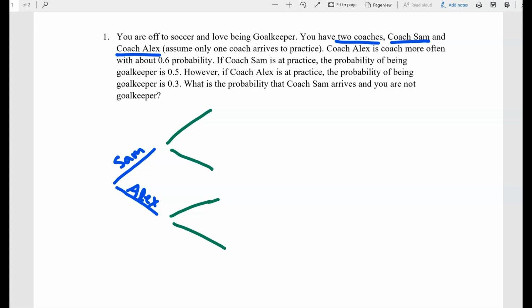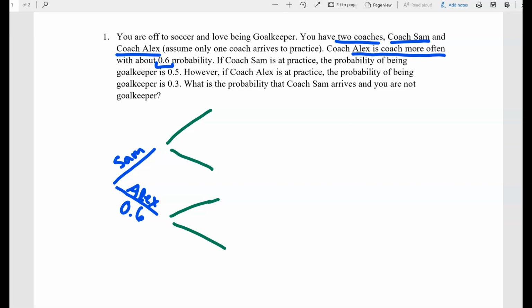Now, what is the chance that you're going to get Coach Alex? Coach Alex coaches more often, with a probability of 0.6. So Coach Alex appears 0.6, or 60% of the time.